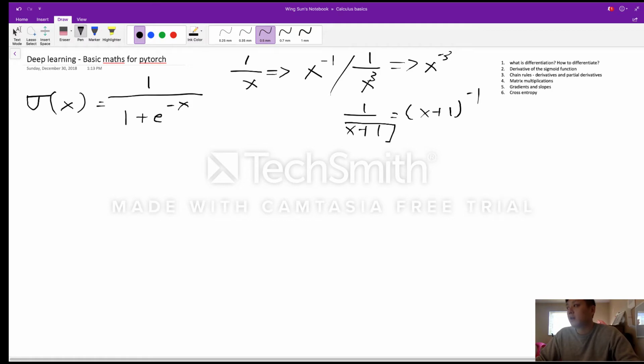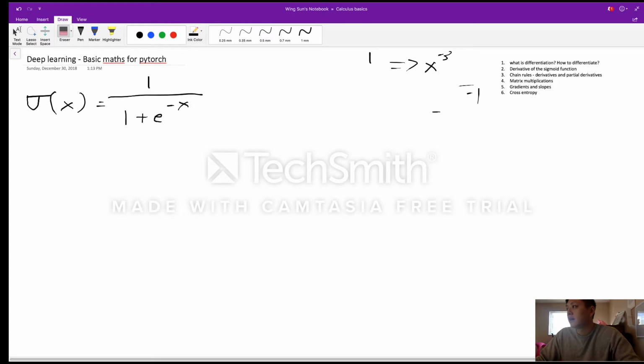So basically, if you want to get rid of the fraction form, you take whatever is at the bottom and multiply the power by a negative 1. Okay, so this is a technique we can use to derive the sigmoid function.